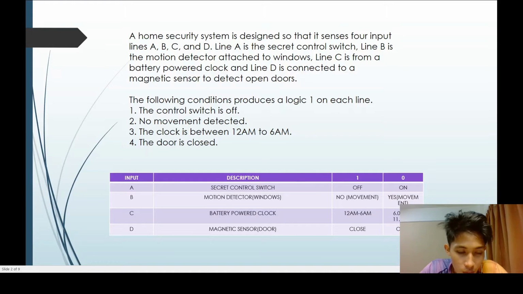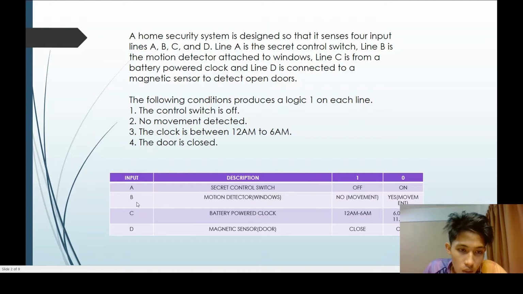So we can see that for input A, the secret control switch, when it is off, the input is 1, and when it's on, it is 0. For input B, motion detector windows, no movement is input 1, and if there's movement it will be 0.